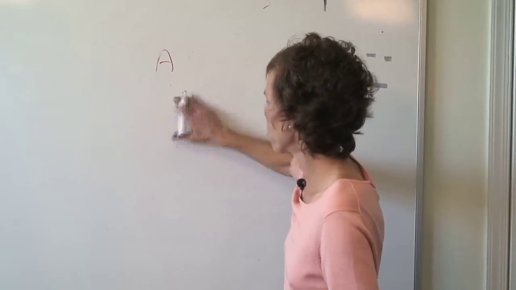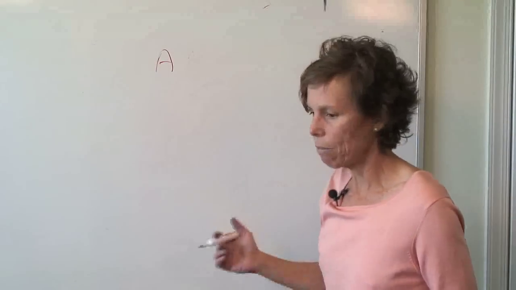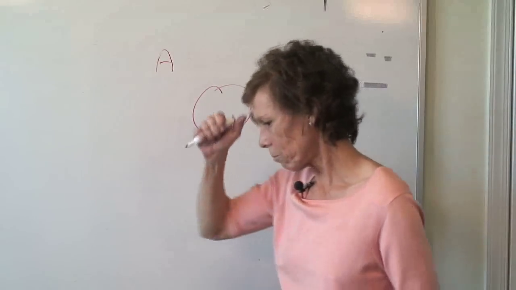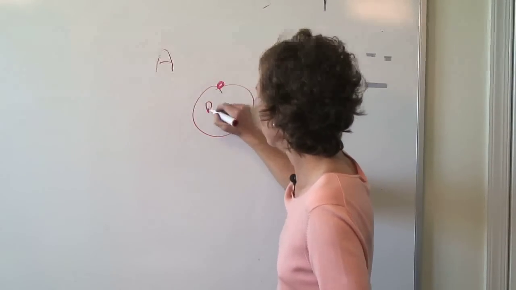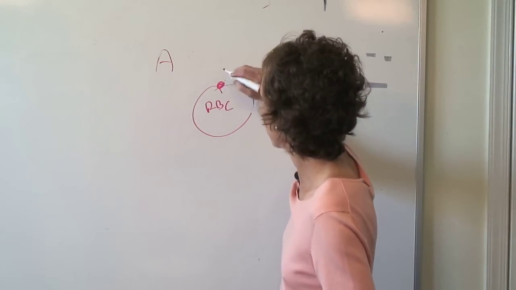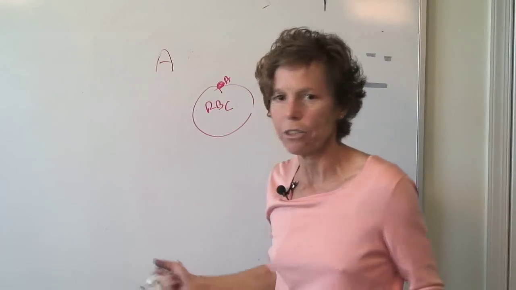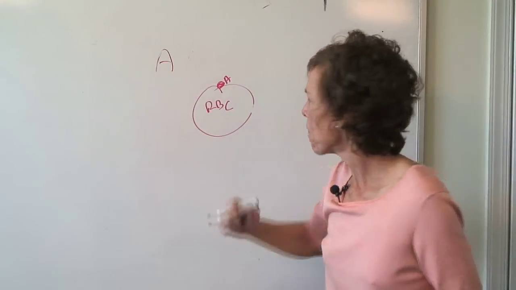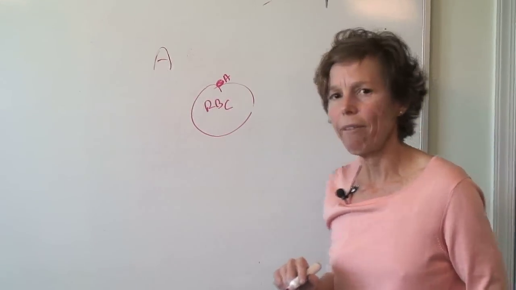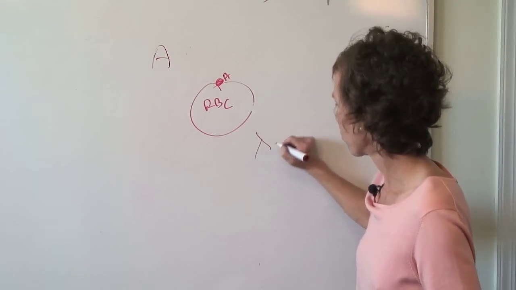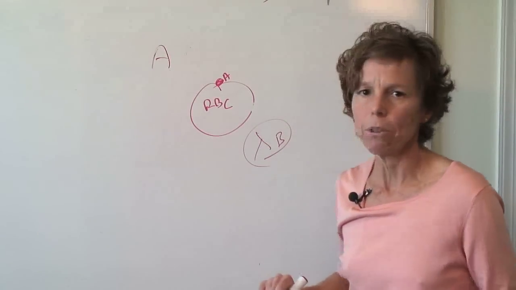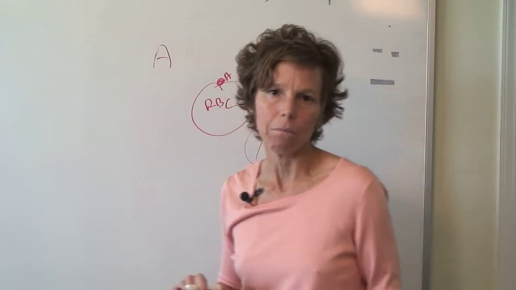Let's just pick one so that we don't get too confused. If I'm blood type A, that means that my antigens on my RBCs are type A. So I've got an A antigen. That's my calling card. Now, what do I have antibodies for? I have an antibody for type B. So that's the isohemagglutinin that I have, for type B, for example.